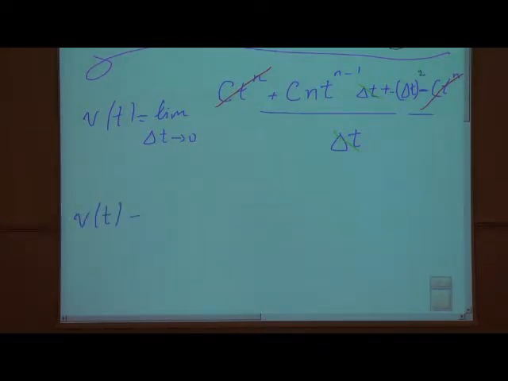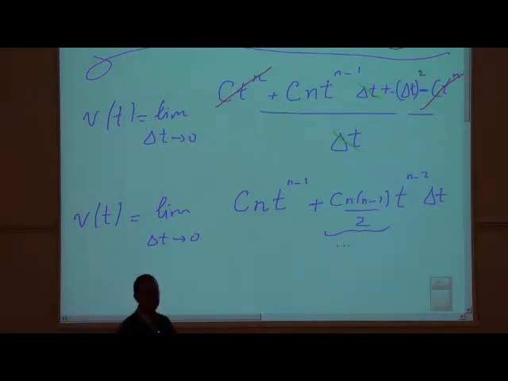V of t equals the limit as delta t goes to 0 of c n t to the power n minus 1. Let me write the next term. This is a dot bit that I didn't write because I didn't have space.